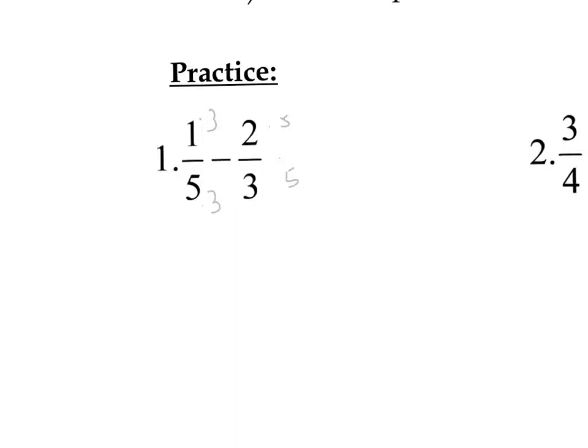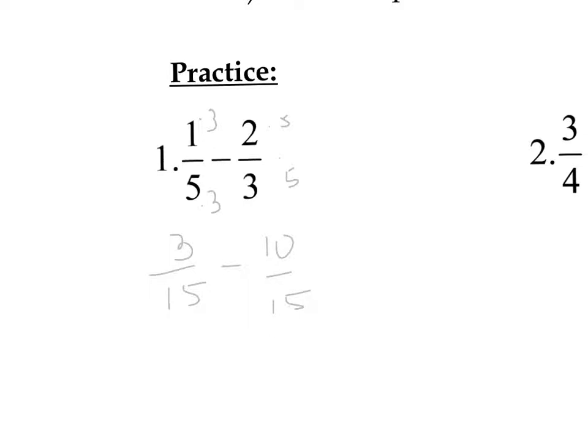Okay, so 1/5 is equivalent to 3/15. So that will be 3/15 minus, and if you multiply 2/3 by 5/5, it would be 10/15. And now, when we add or subtract fractions, we add or subtract numerators, it means the top numbers, and keep denominators the same.